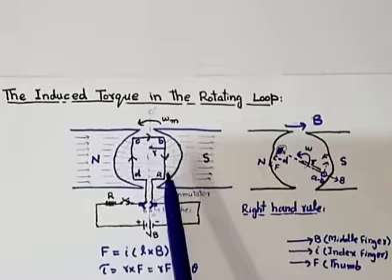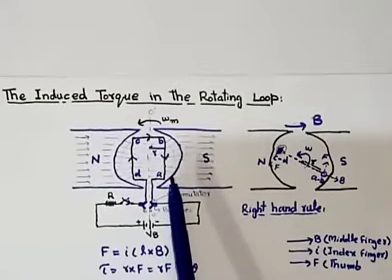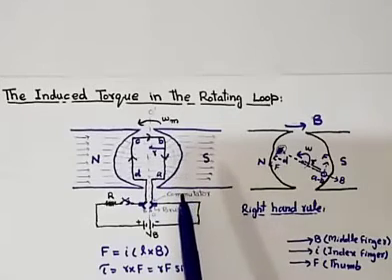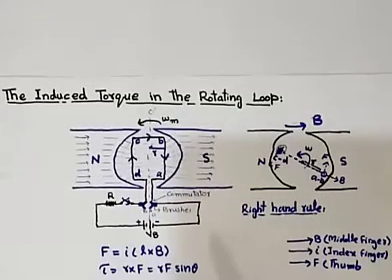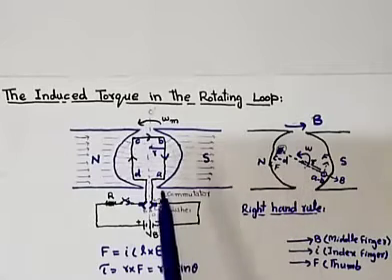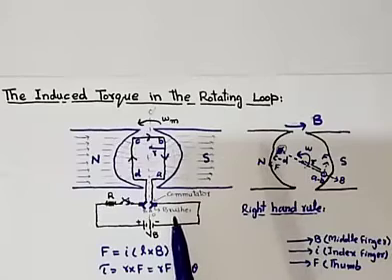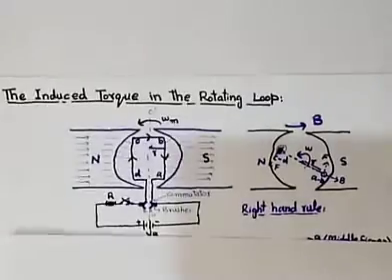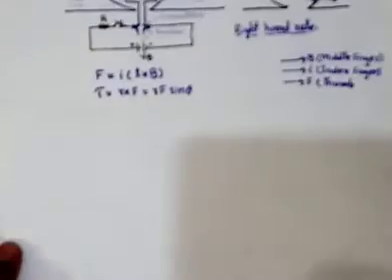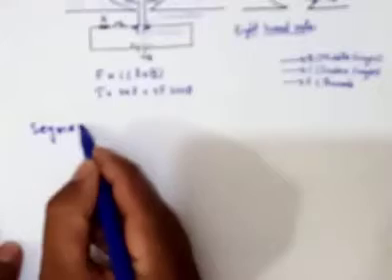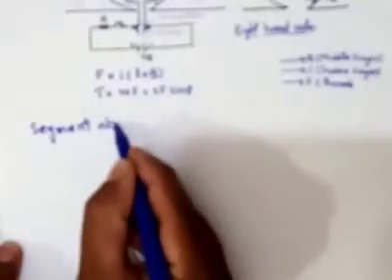As you can see in this figure, the direction of the current across the conductor AB is outward, and the direction of the magnetic field is towards right. That is, segment AB.